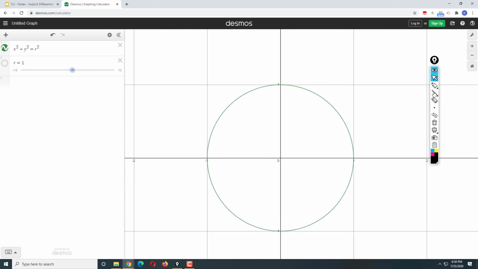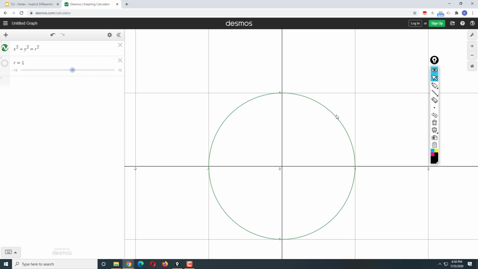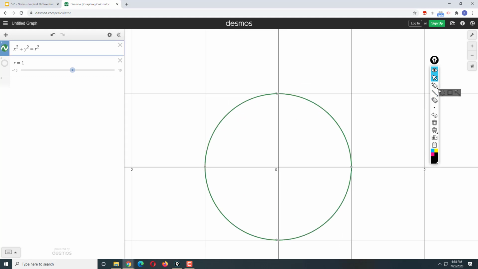Why? Well, given any point on the circle, like right here, we can see that there's the y, there's the x. We have x and y, and we can make a right triangle.